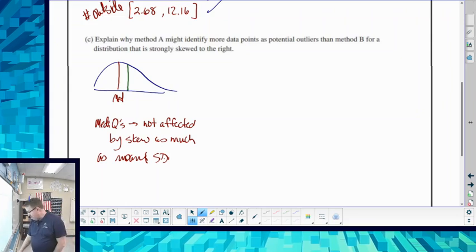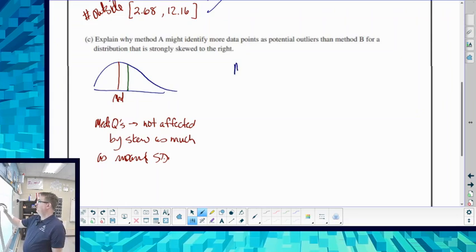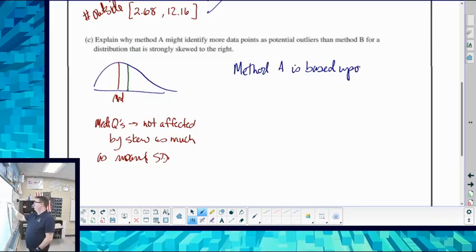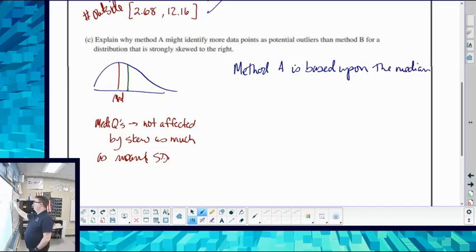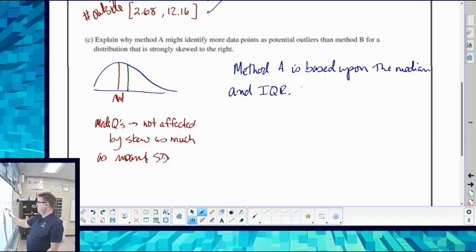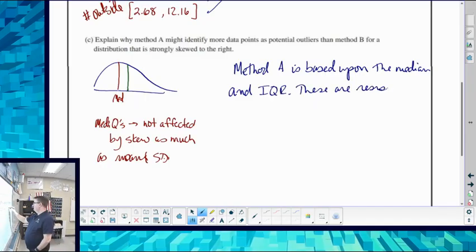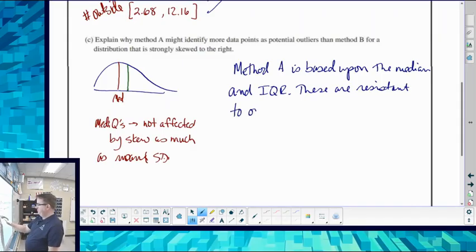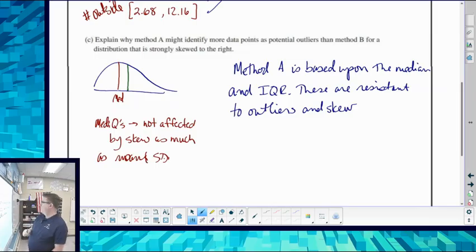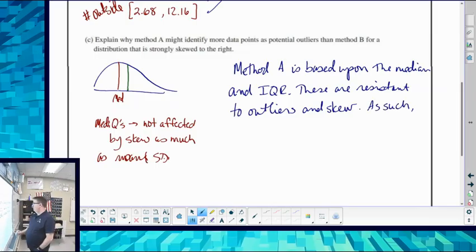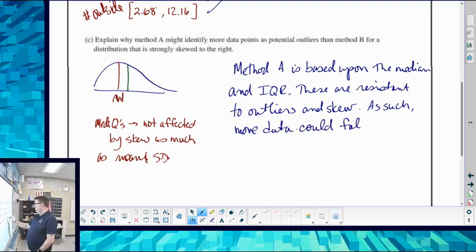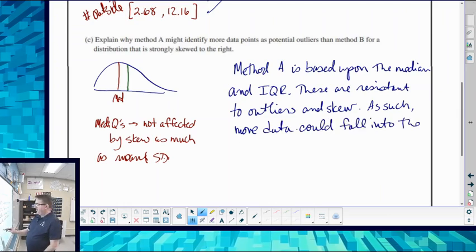To explain that, you would say something to the extent of, method A is based upon the median and quartiles, let's say IQR. These are resistant to outliers. Throw in skewness, talking about skewed up here. As such, more data could fall into the outlier area.